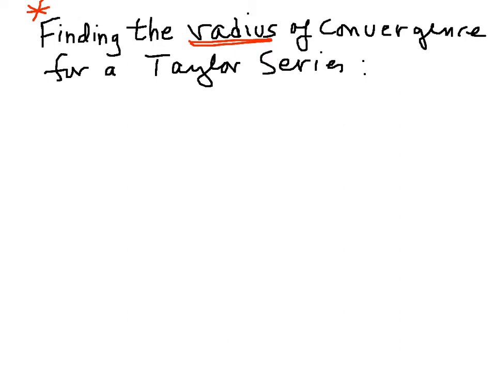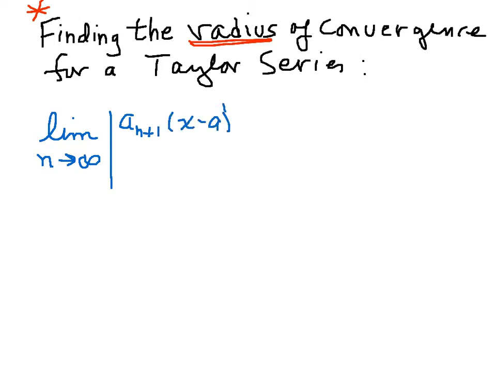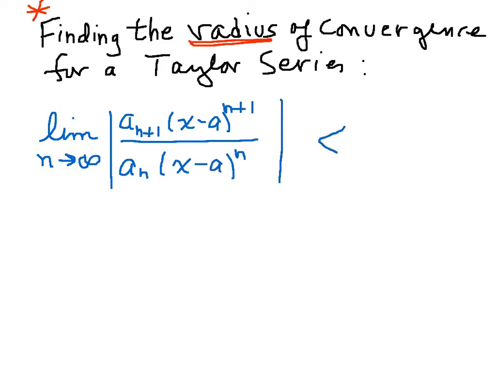So just as with the ratio test, what we look at is the limit as n approaches infinity of the n plus first term of a Taylor series divided by the nth term, and now we want this to be less than 1.